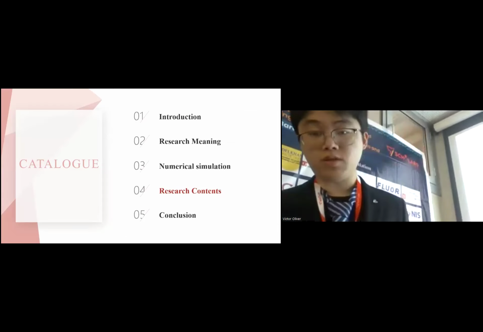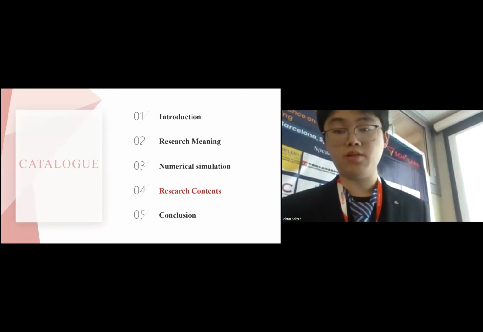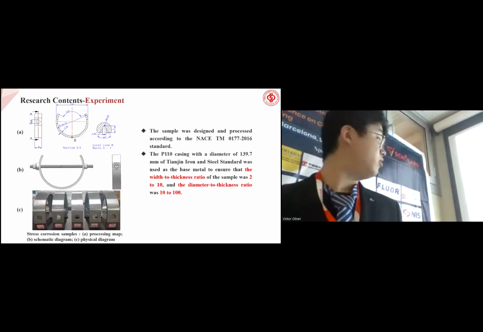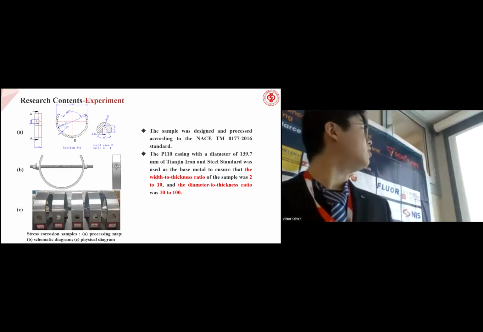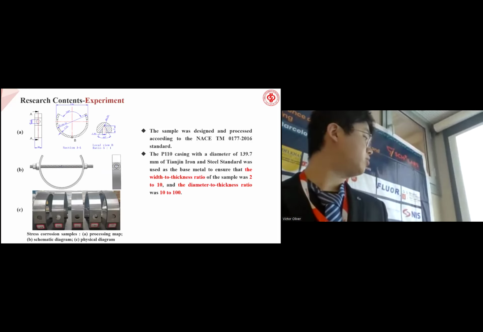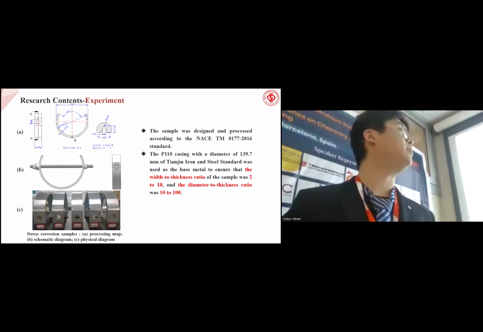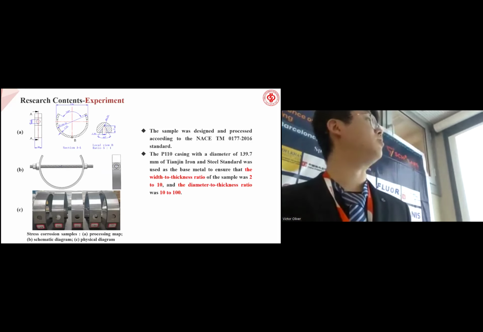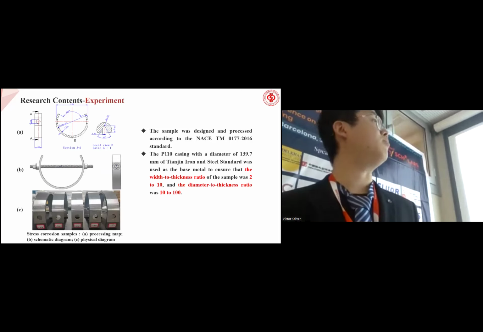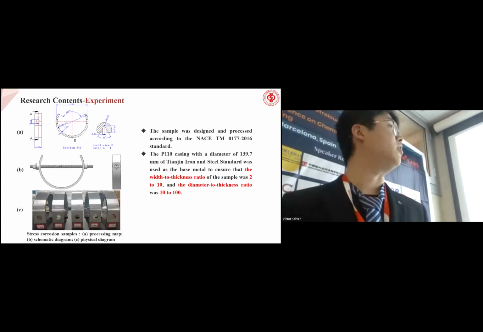The first is the research experiment. As shown in the figure, you can see the stress corrosion sample, the process map, the sample damage, and the physical graph as follows. The sample was designed and processed according to the NACE TM 0177-2016 standard.